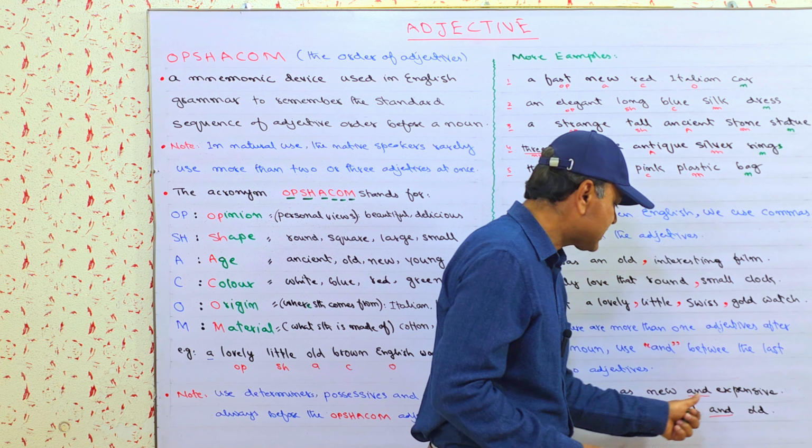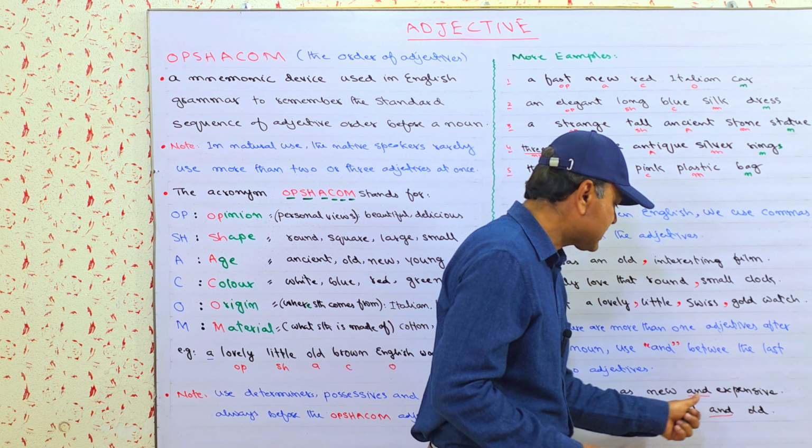New and expensive are adjectives, and they are connected by the word and. We have to use and between the two according to this rule. The house was large, cold and old. Cold and old, the last two adjectives, are separated by the word and, that also connects them.